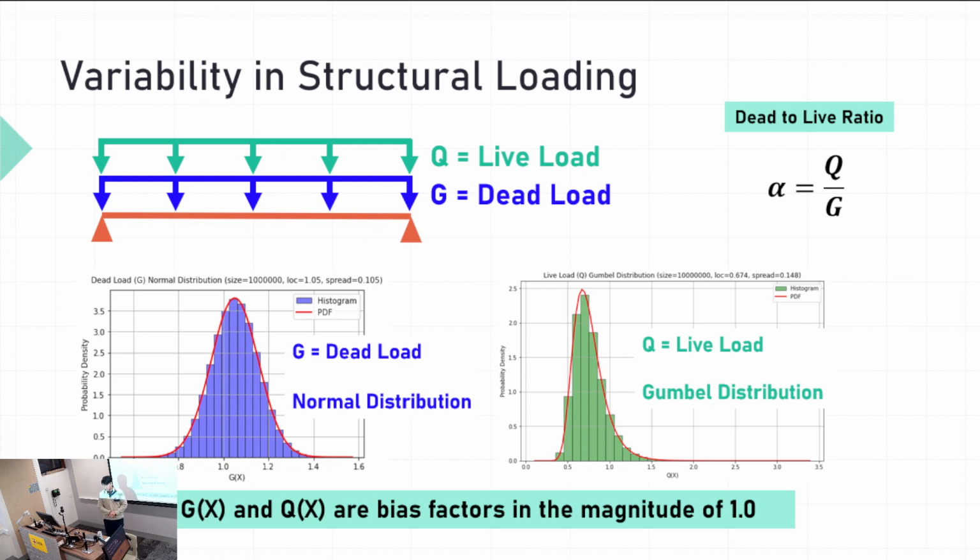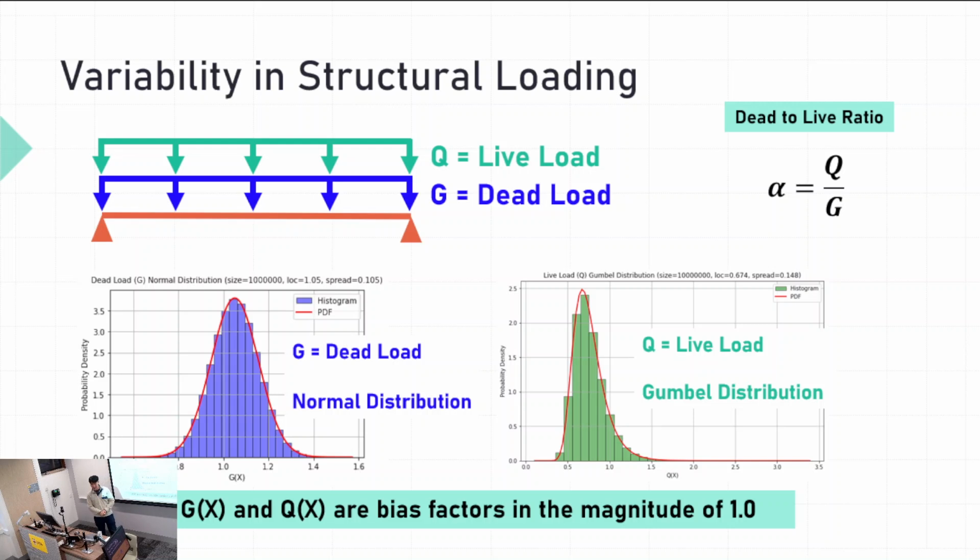For the load vector, I was talking about how the loads are randomly generated. We split the loads into dead loads and live loads. Live loads can be due to pedestrians, traffic, things like this. Dead loads can be due to self-weight of the structure or partitions which will be there for a long time.